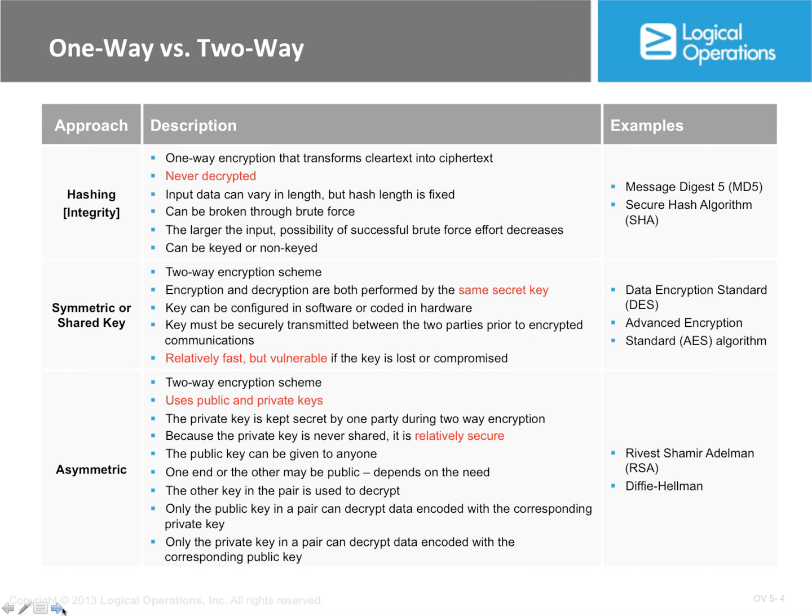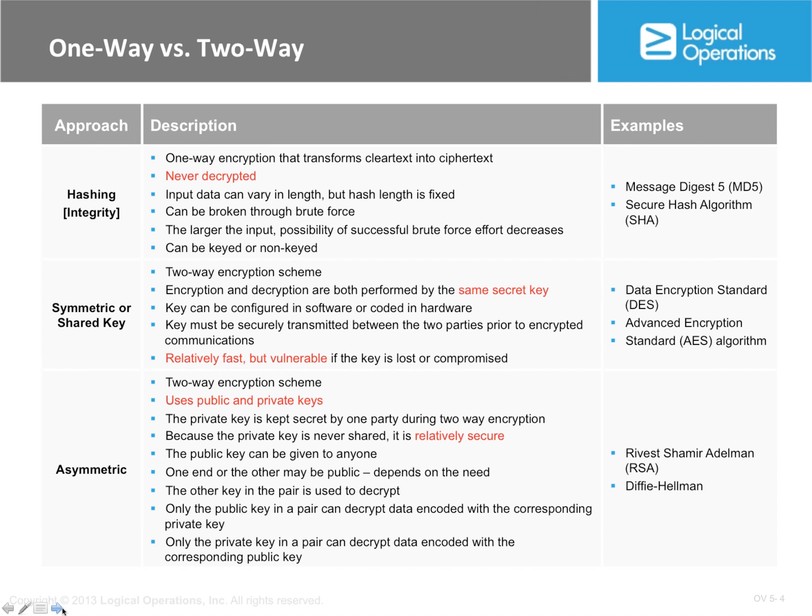So n squared, right, is probably the formula that you've seen. The issue is, anything that was encrypted using the same shared secret key, once that key is compromised, everything that was encrypted has to now be considered compromised. You have to rekey it all, versus asymmetric, which is using two keys, a public and a private key.